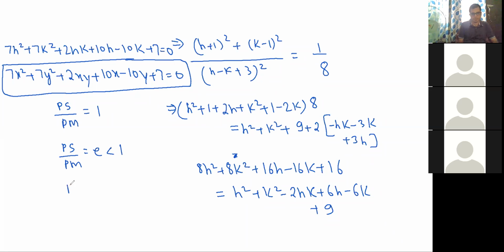And in case of hyperbola, PS by PM is equal to e, which is greater than 1. Okay, so these are the conditions. Hyperbola and ellipse are quite similar. The calculations are almost similar. So if you understand ellipse, hyperbola is not very difficult.